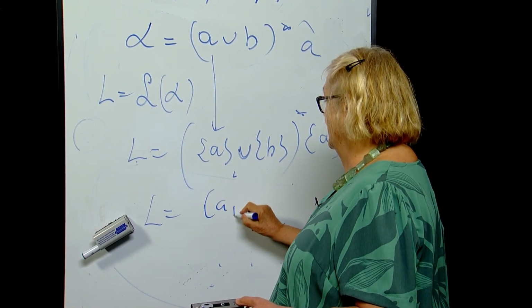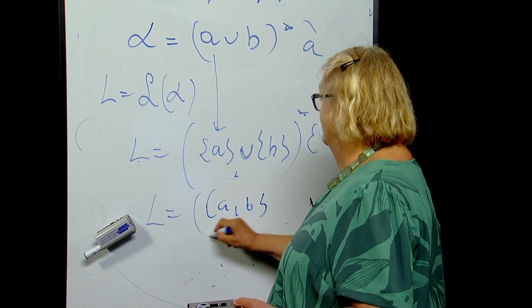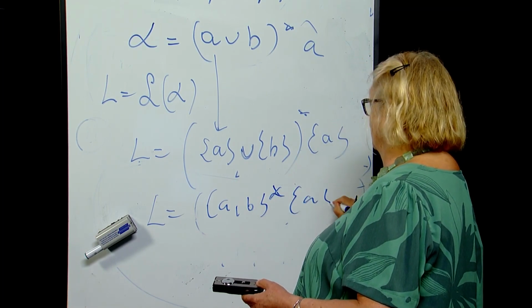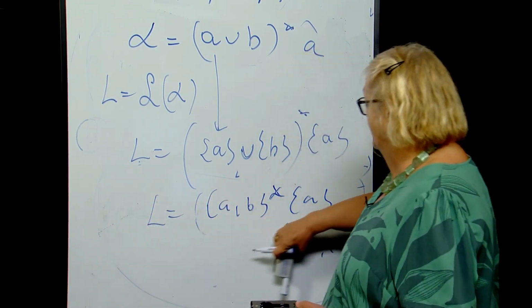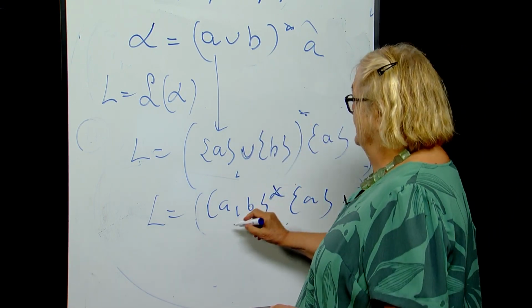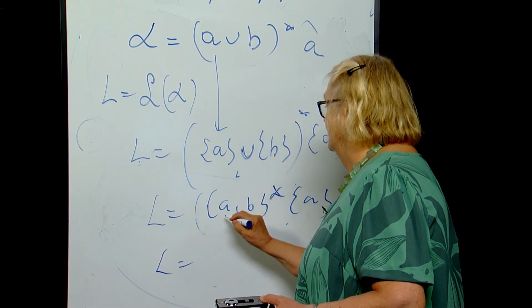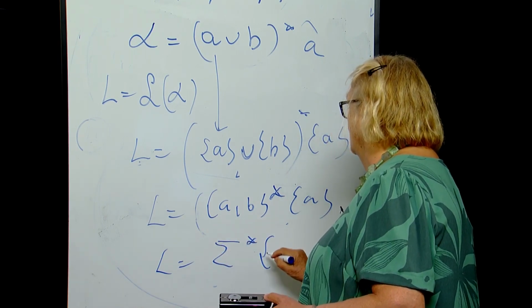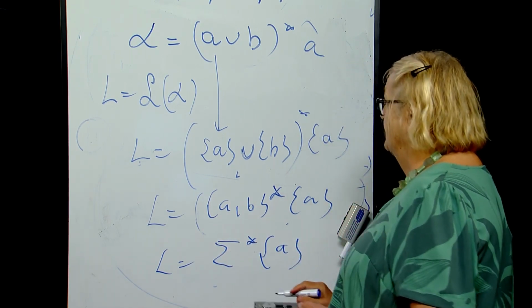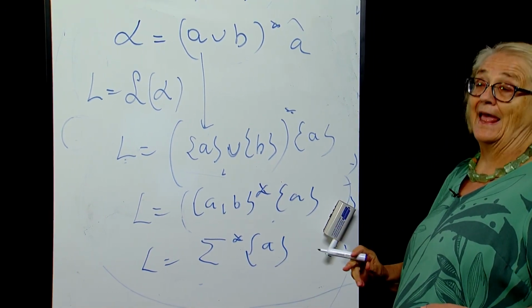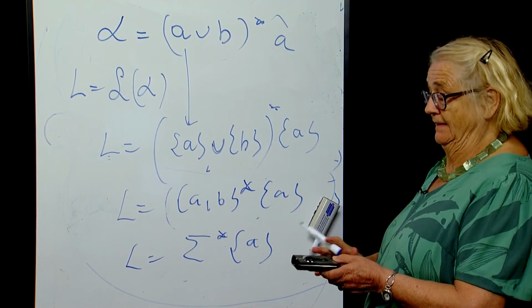So this is A, B, concatenated with A. But this is just sigma. The language was over sigma star concatenated with A. So these are all elements of sigma star that end with A.